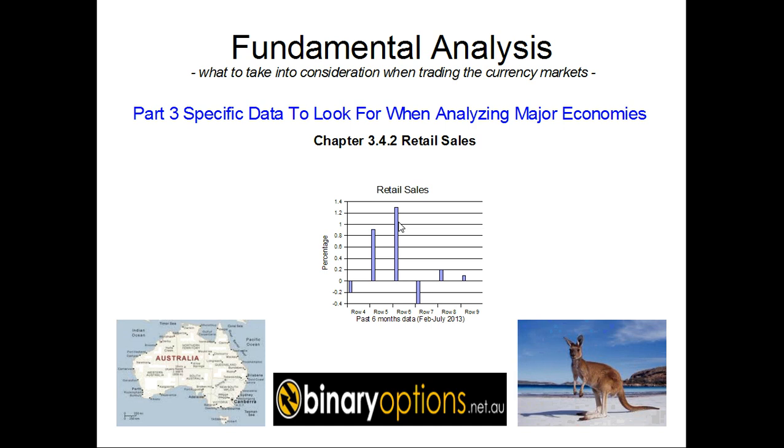A terrible retail sales data for the month of May, well into the negative territory. So from plus 1.2 to minus 0.4, and then back again into the positive territory.